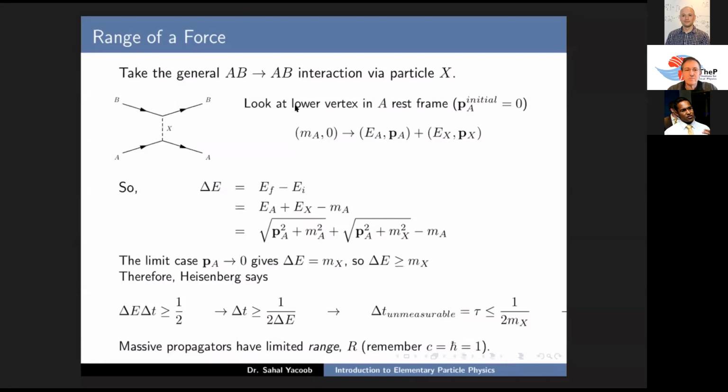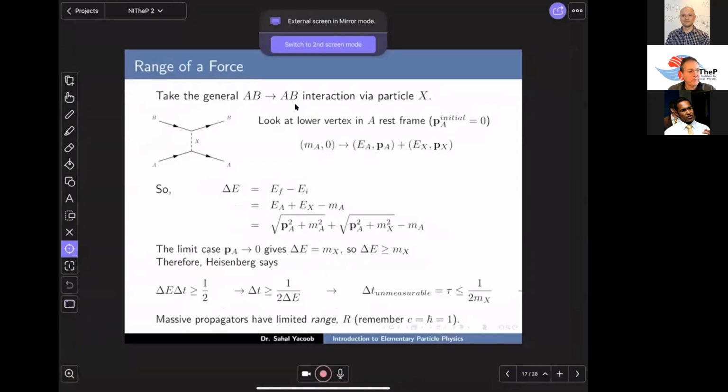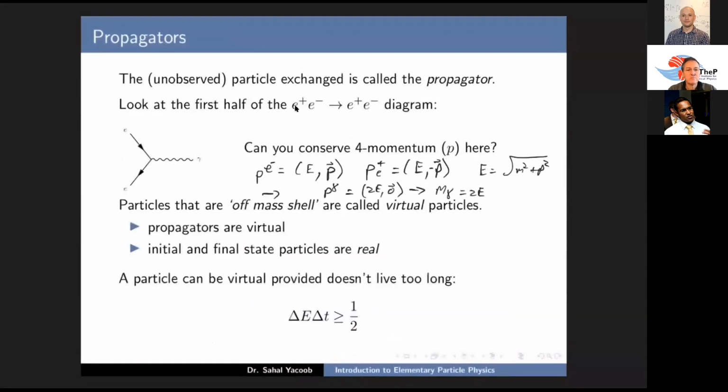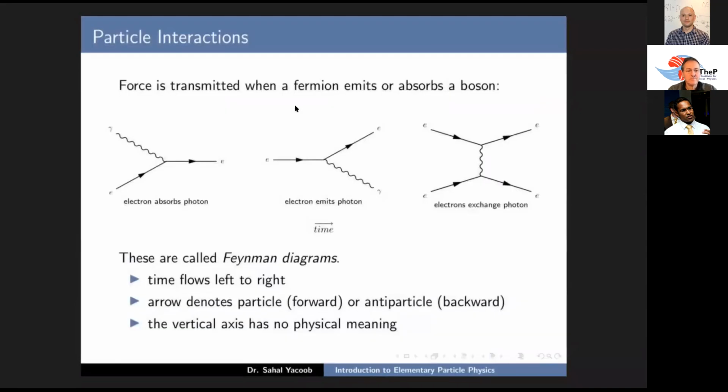Let's try again. Hang on, let me change things. Okay, there we go. Yes, for example, that's the one with 3 Feynman diagrams that I've shown, but these are all different processes.